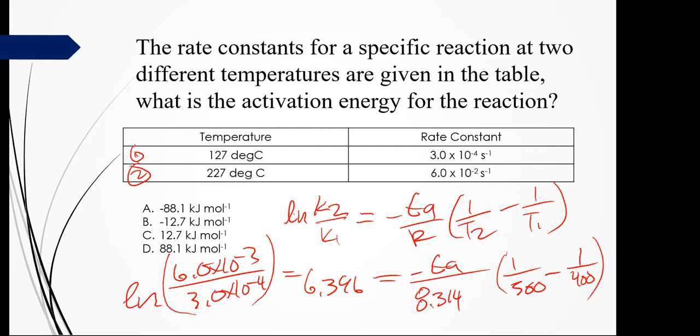So I take that 6.396. I'm now at negative 53.184 is equal to my activation energy times 1 over 500 minus 1 over 400.